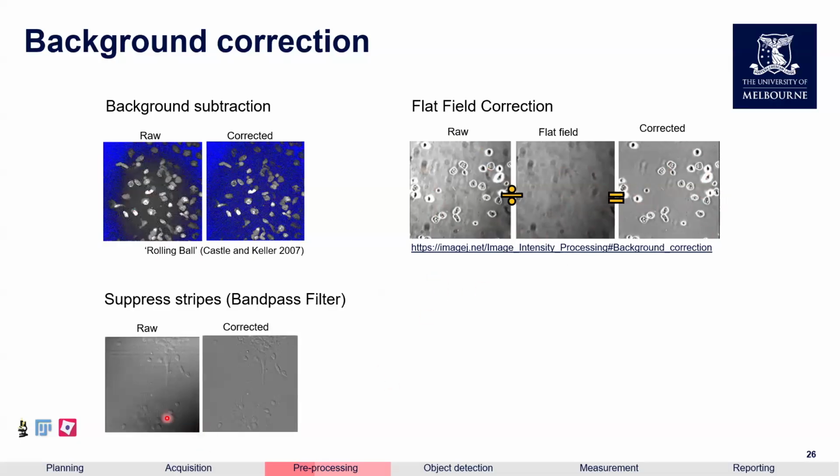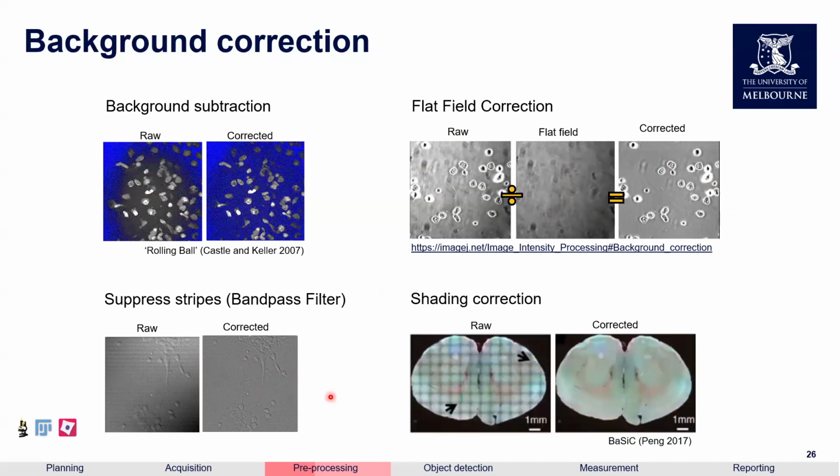And sometimes there are stripe artifacts, and these can be corrected using a bandpass filter. This bandpass filter removes the unwanted frequency components while still preserving the image details.